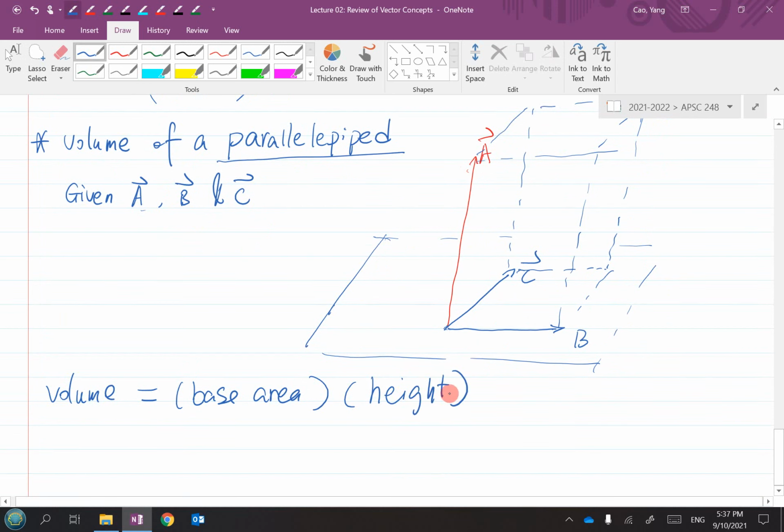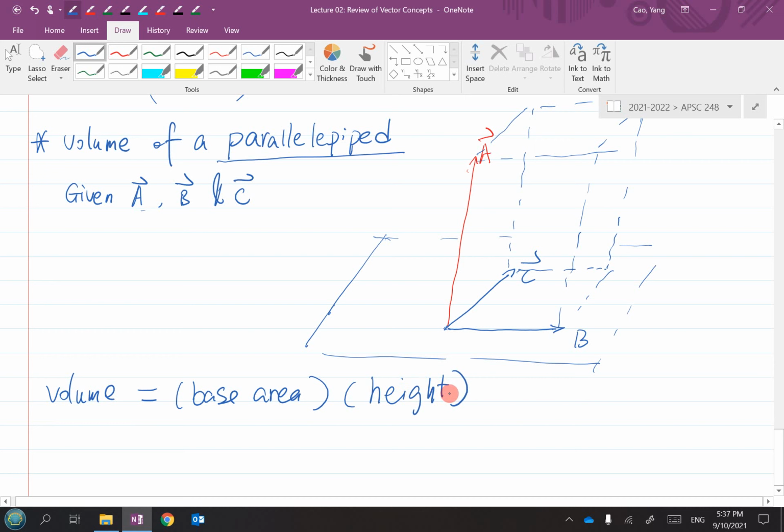If you can find these two values, you multiply, and then you get the total volume. That's the formula for a parallelepiped. If you look at my lecture notes, of course, not all 3D geometry has the same formula.